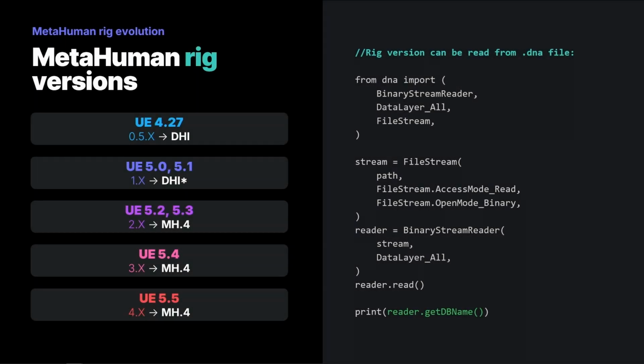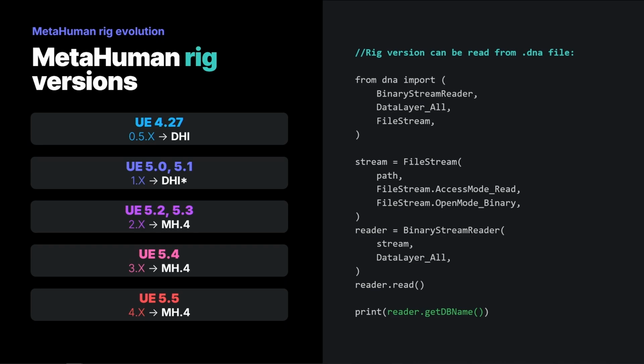During this period, our rig was also evolving, and I will explain why. Although MetaHuman Creator undertakes 5 different major versions, rig evolution is somewhat slower, and we had 2 updates in the last 3 years.